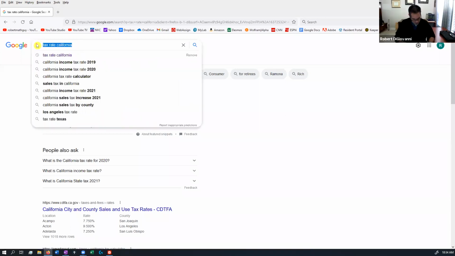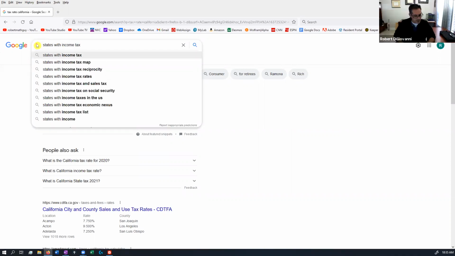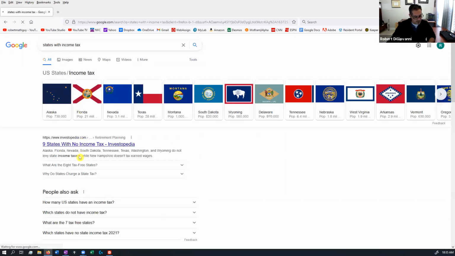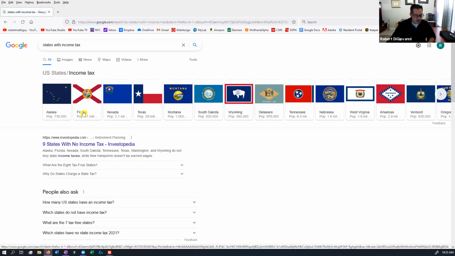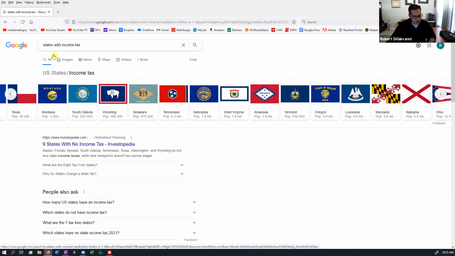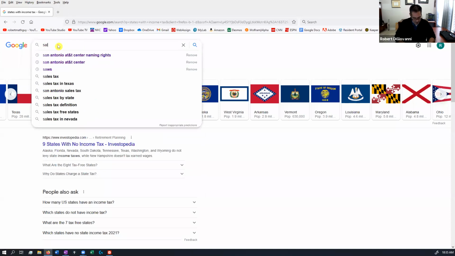I believe South Carolina has a state income tax. Let me see, states with income tax. Louisiana too. So let's look at the tax rates in Louisiana. Okay, so let's go with sales tax, Louisiana, right?